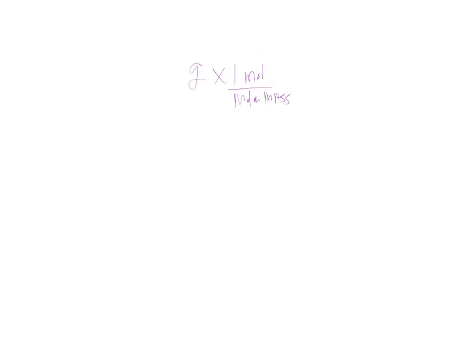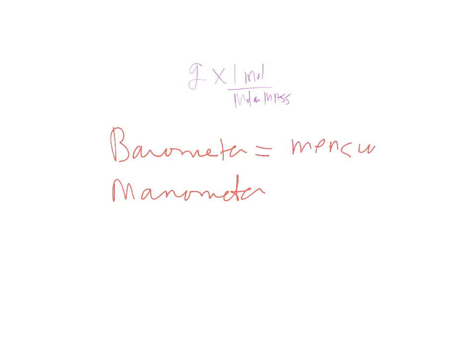Okay, remember to turn grams to moles, you have to divide by the molar mass. Also, you have to know the difference between a barometer and a manometer. The difference is what they measure. A barometer measures the atmospheric pressure.